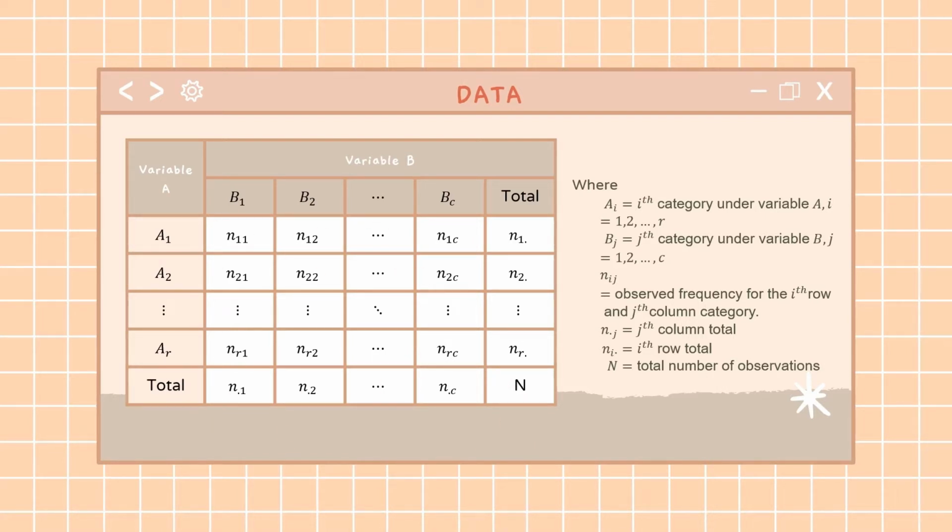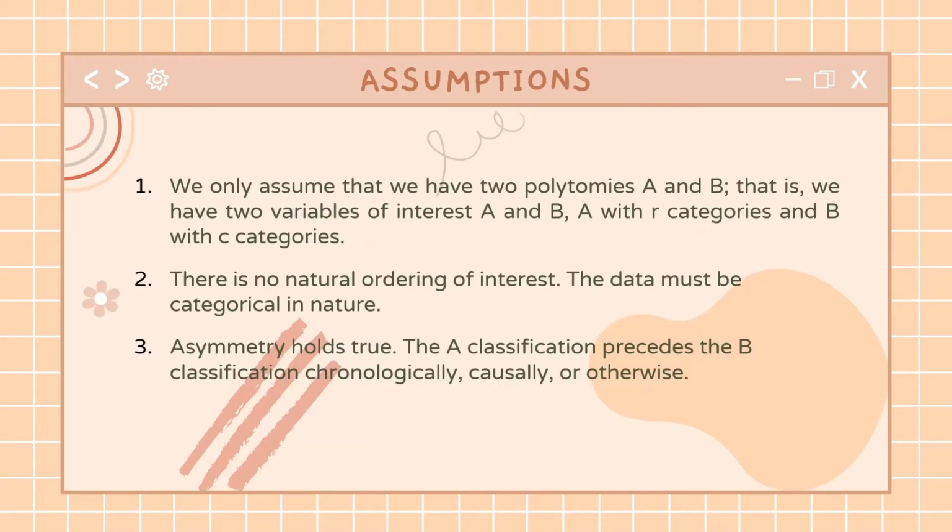For the assumptions, first, we only assume that we have two polytomies A and B. That is, we have two variables of interest A and B, A with R categories and B with C categories. 2. There is no natural ordering of interest. The data must be categorical in nature. Ang concern lang natin dito ay ang mga nominal variables. 3. Asymmetry holds true.